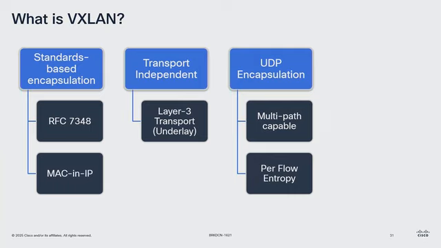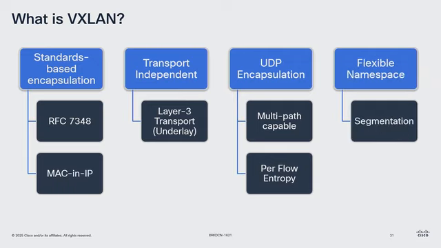This is what VXLAN is giving you. This is what's in the RFC. And this is what's important to understand. And then last but not least, because VXLAN is giving me additional segments, what do I mean by that? If I talk about VLANs, I was talking about maybe 4,000 VLANs based on that particular identification.